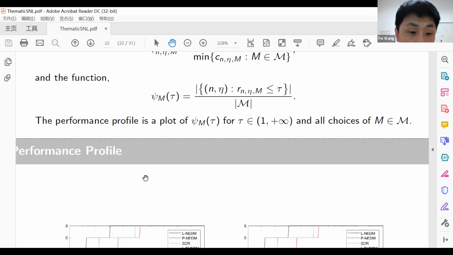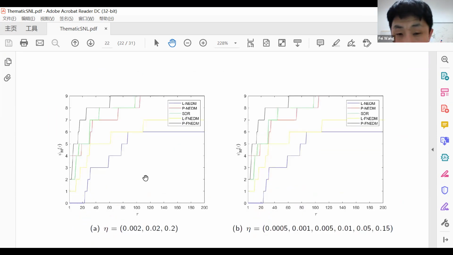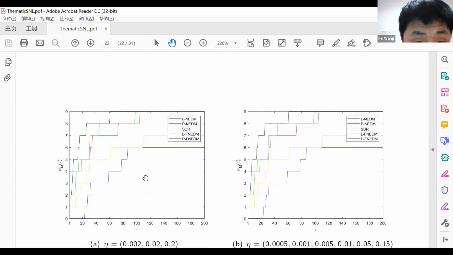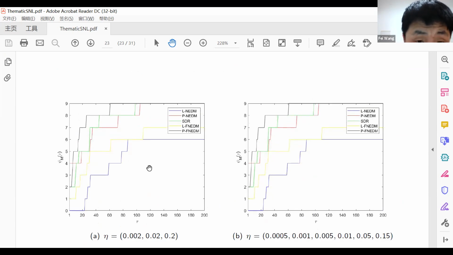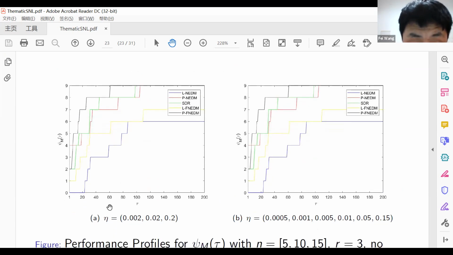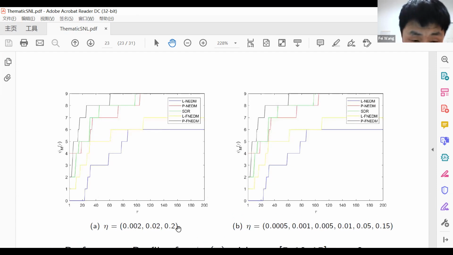Here I have two figures for different eta, for different levels of noise.